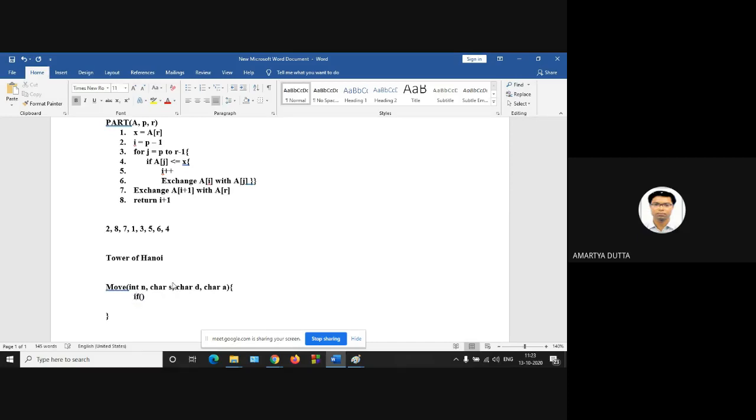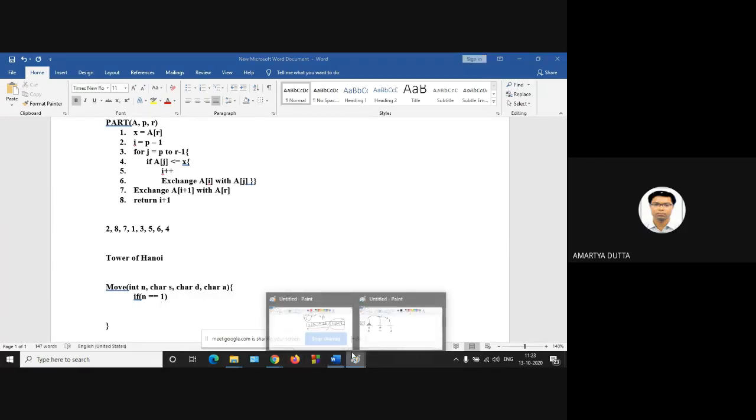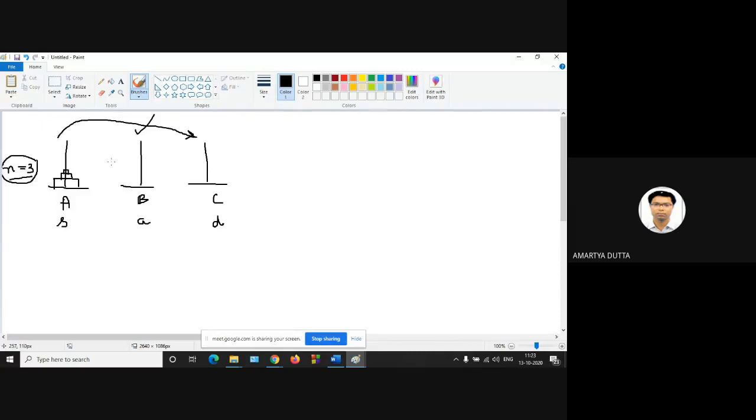Now, if n is equal to 1, if the number of disks is equal to 1, then there is only one disk. You can easily move this disk from the source to the destination.